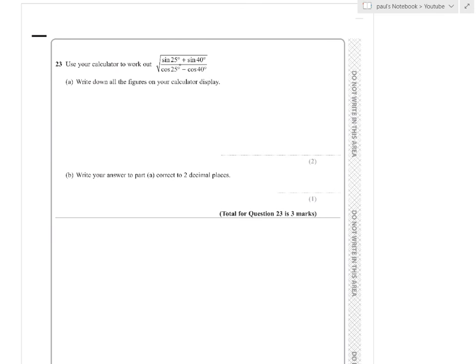Use your calculator to work out all that. Write down all the figures your calculator displays.